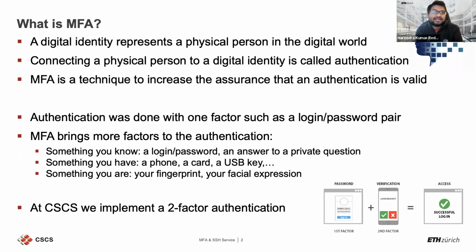And the third one is something you are, like biometrics, your fingerprint, your facial expressions, etc. There might be other factors, but these are the three main factors in authentication when it comes to MFA.